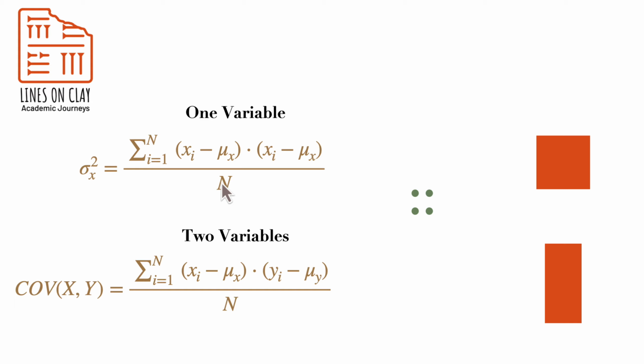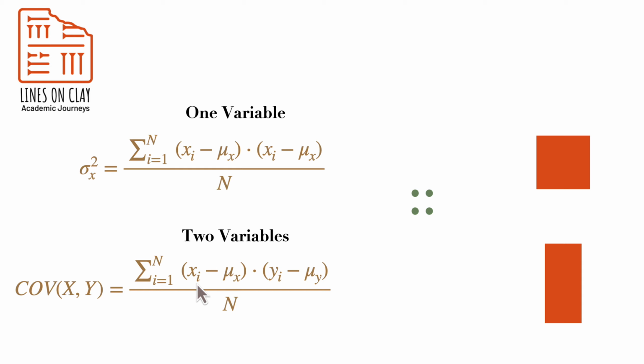Well, with covariance, instead of everything operating in one variable where we have one side length, we can operate in two variables where we have essentially x's mean and then y's mean, and it's the same kind of formulation. We're adding up the products of deviations, and then we're dividing by the number of observations. And keep in mind, these are ordered pairs.